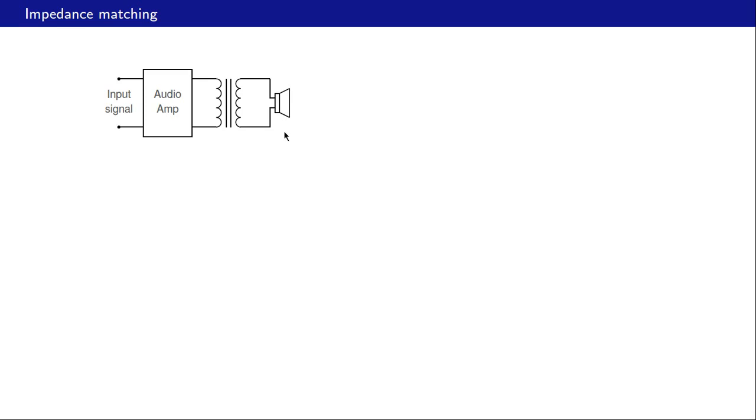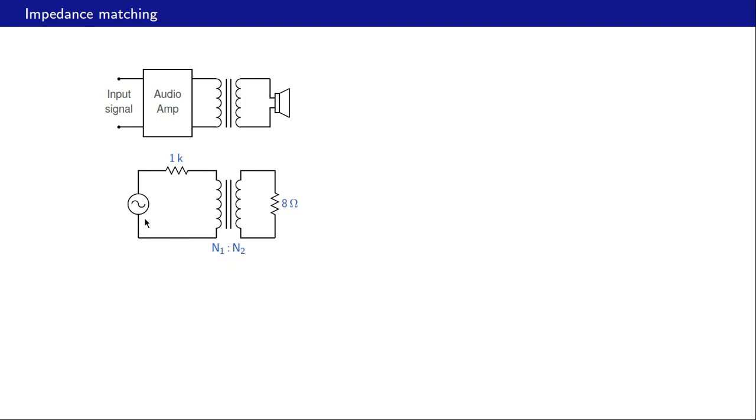This speaker has a complex impedance which varies with frequency, but in the audio range its resistance is more or less constant, typically 8 ohms, and its imaginary part can be ignored. So the equivalent circuit representing this entire situation is given by this circuit here.